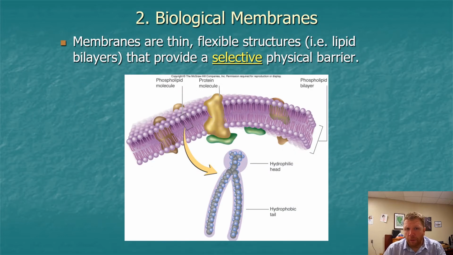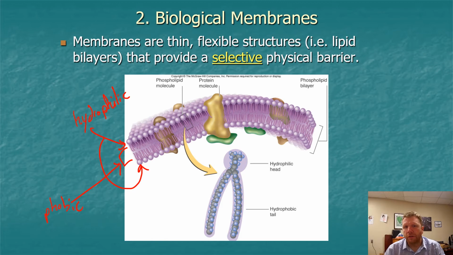Now, biological membranes are thin and very flexible structures. An example is the lipid bilayer. Here what we have is a head group that interacts with water, so that would be hydrophilic. And then this inner region, that's your hydrophobic region.